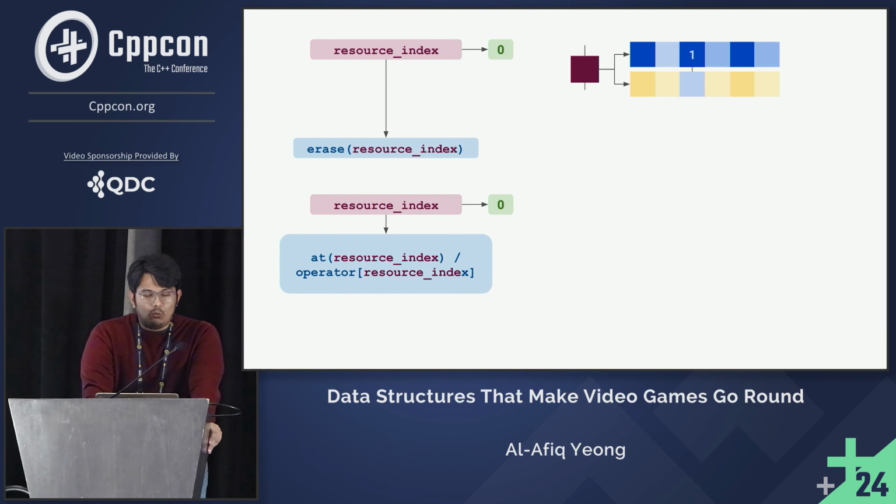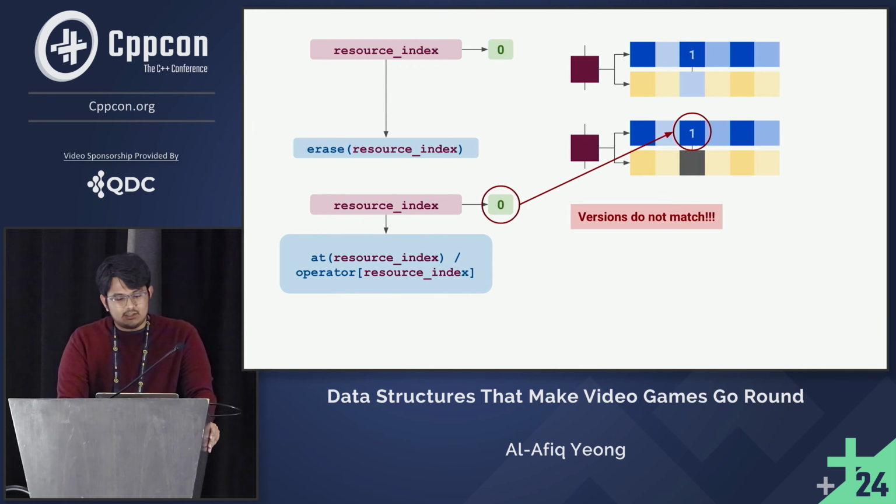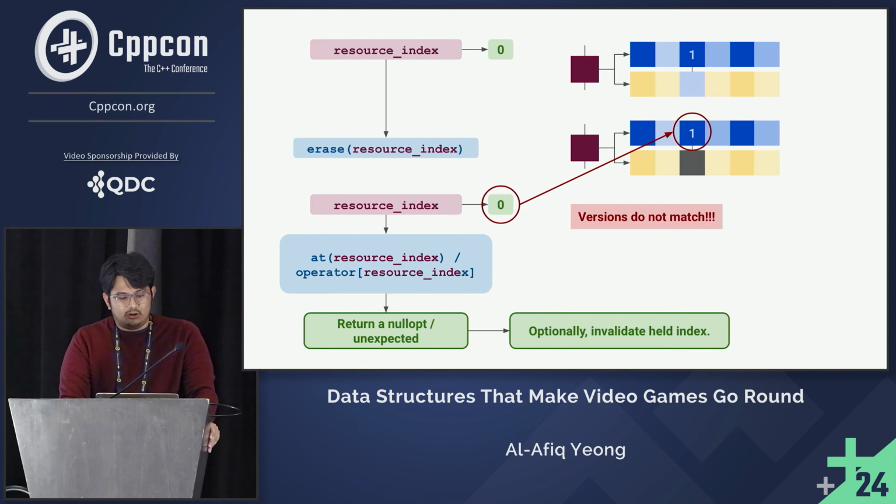The next time the system tries to access the resource with the index that it still holds by doing a lookup, the container checks to see if the version in the index and the version in the container match. And because they do not match, we can instead return a nullopt, or an unexpected. Optionally, we could invalidate the held index as well.